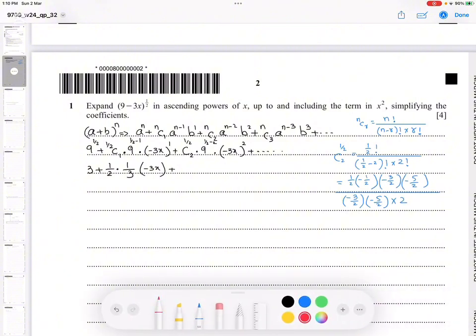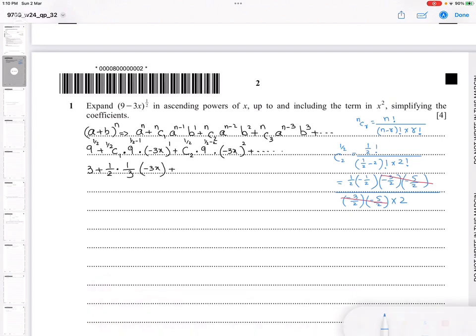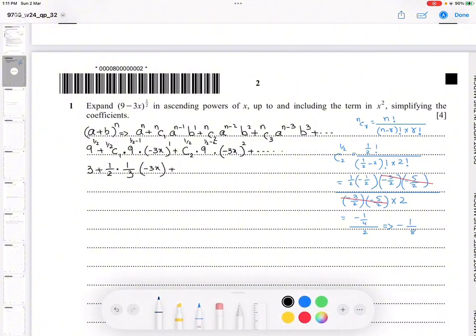So these two values will be cancelled, and you are left with minus 1 over 4 divided by 2. This gives you minus 1 over 8. So you write here minus 1 over 8.